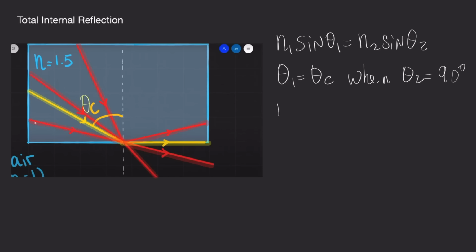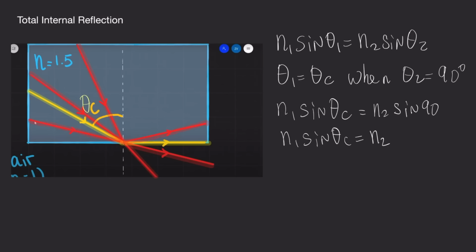And then we get that n1 sine of theta critical is equal to n2 sine of 90 degrees. But remember, sine of 90 is just 1, therefore we get that n1 sine theta critical is equal to n2. In other words, sine of theta critical will just be equal to n2 divided by n1. And this is a formula given in your formula sheet.